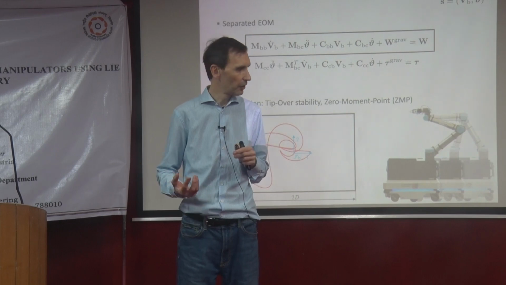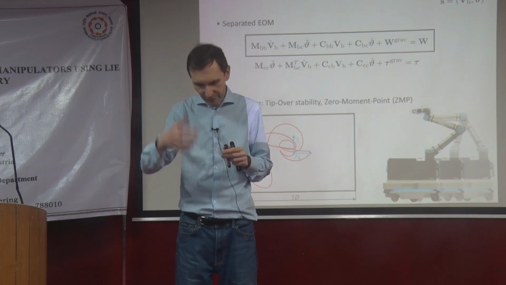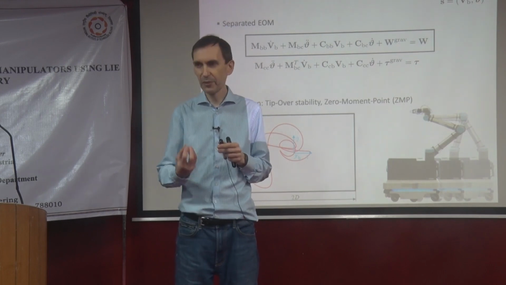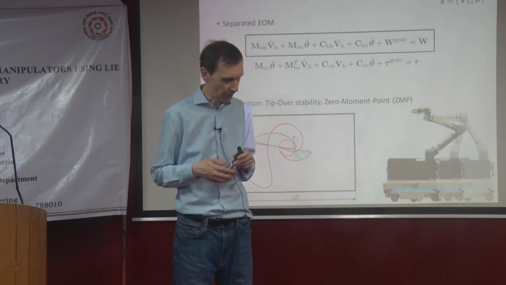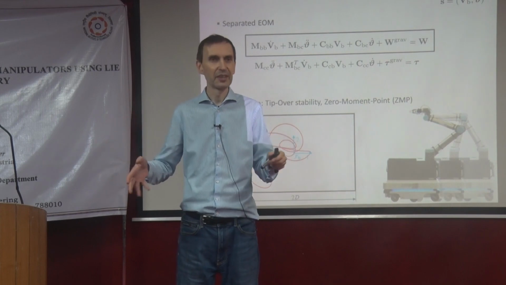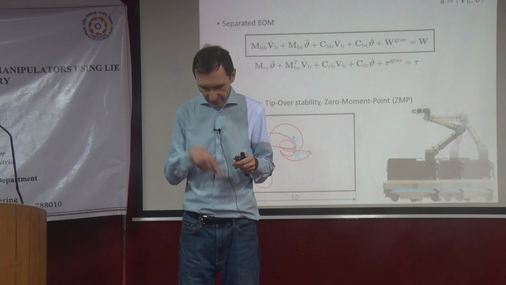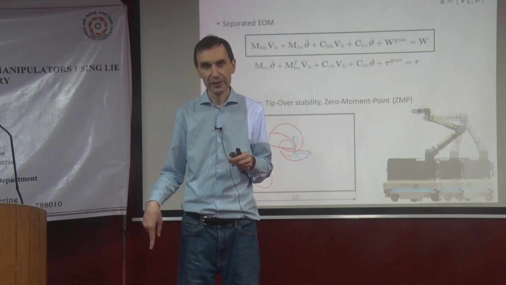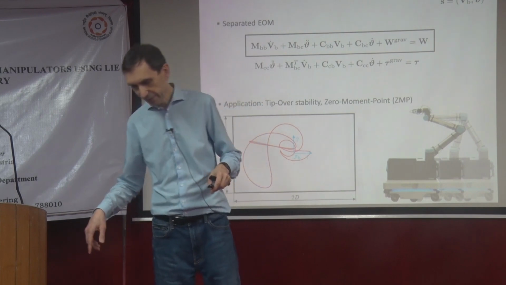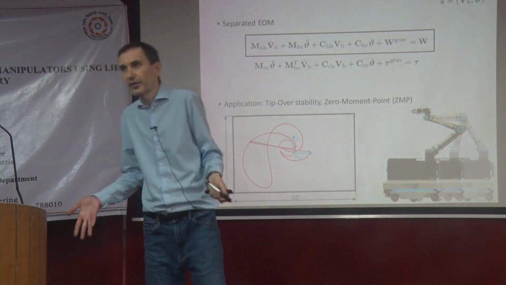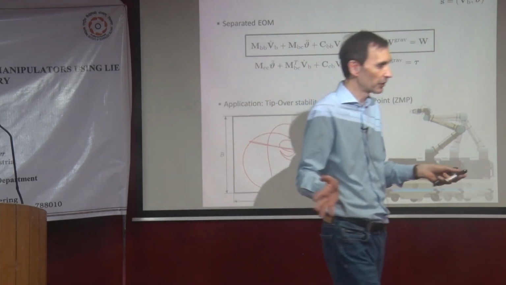There's always a point where this reaction force reduces to a pure force. The question is, is this within the support polygon or outside? If it's inside, then it's stable. If it is outside, then I can't stabilize myself, right? And this is generally true.